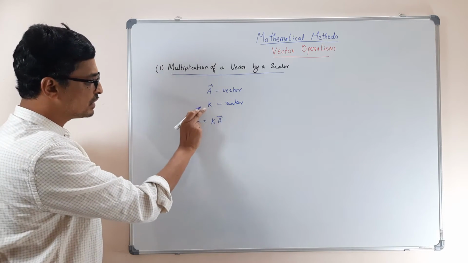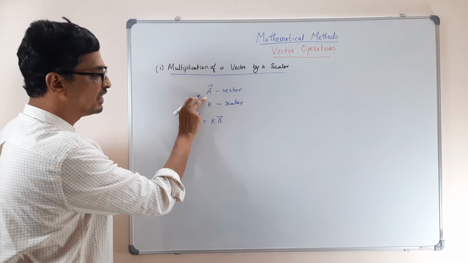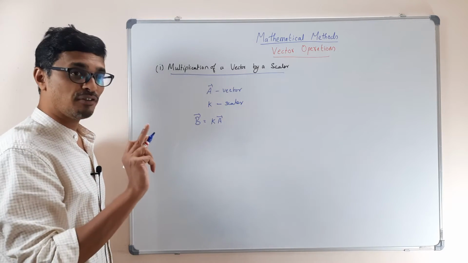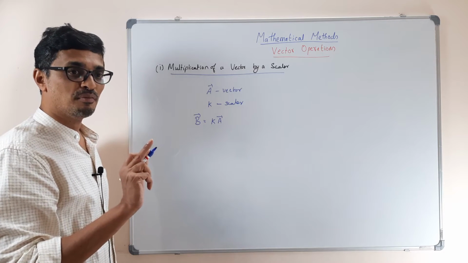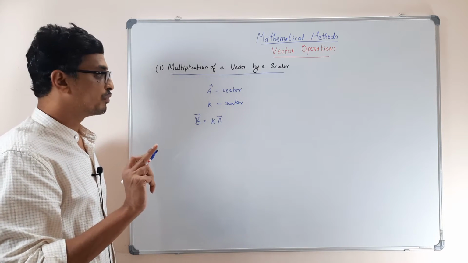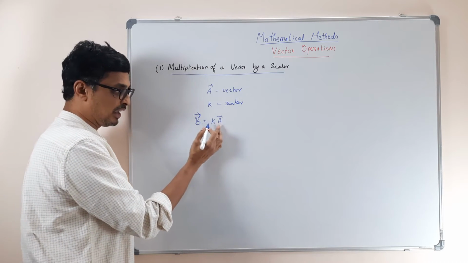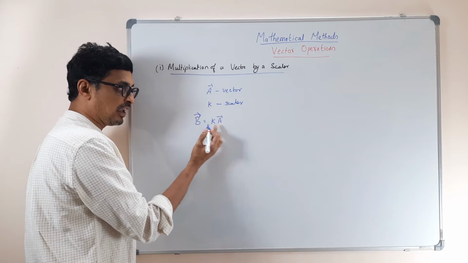So multiplication of a scalar with a vector is not going to modify the direction. But what will it modify? What is the difference between vector A and B?